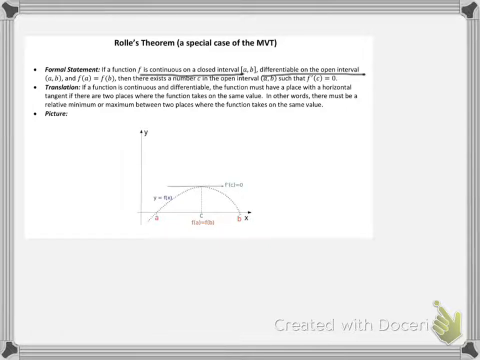And you see, when we talk about derivatives, we're talking about slopes. So the slope at point c is a horizontal slope, which means the slope of a horizontal line is 0. Okay?